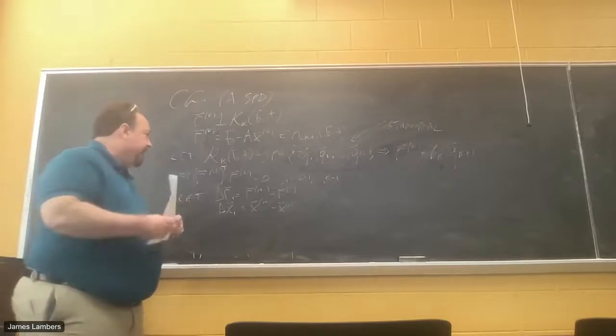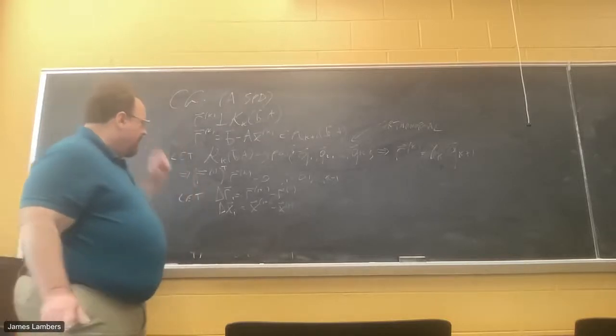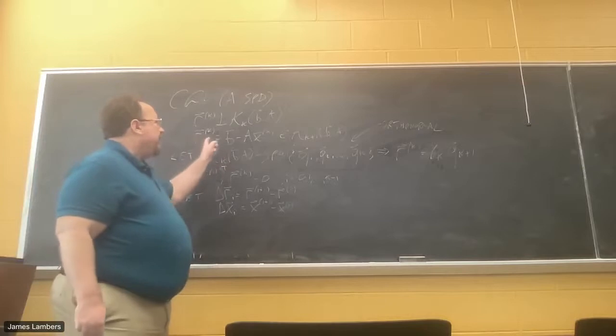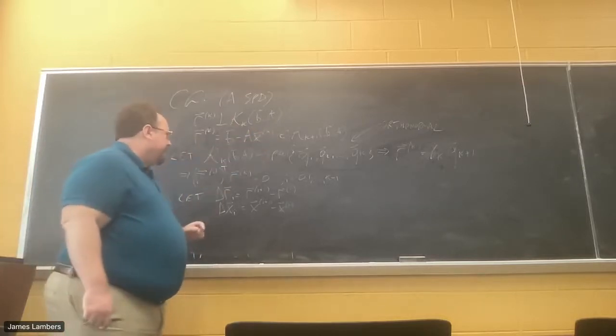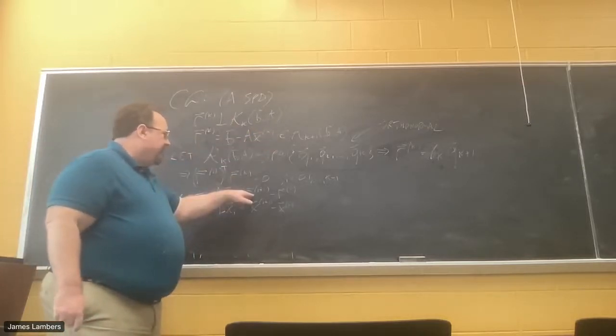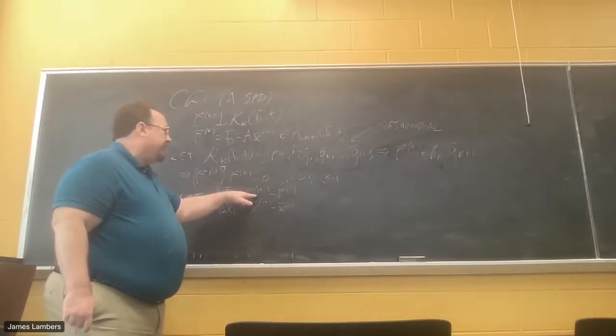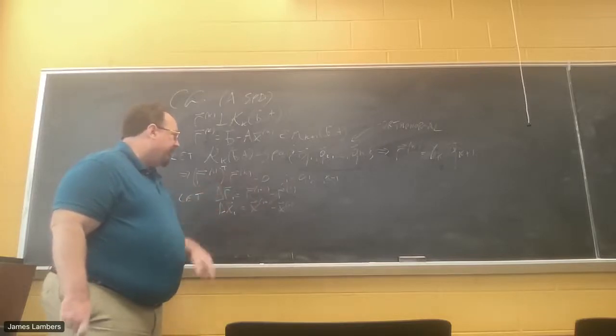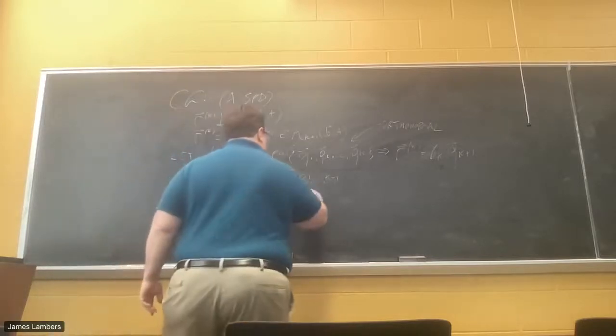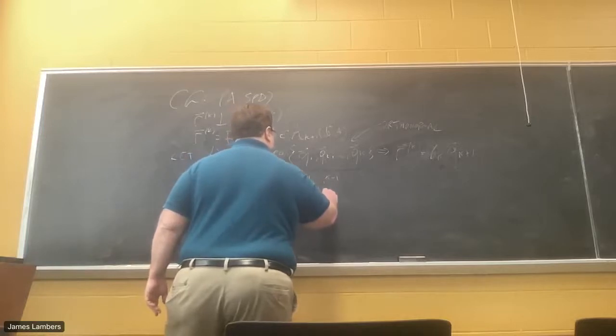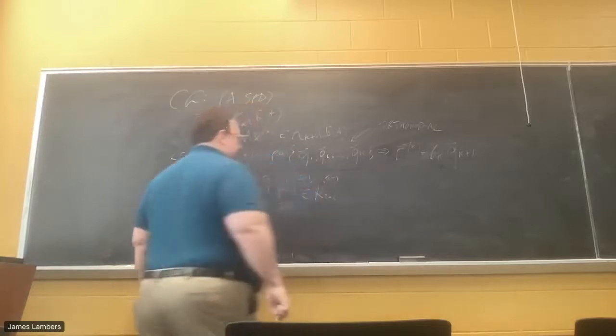Okay. Now, remember that RK is in Krylov subspace K plus 1. Well, this, therefore, must belong to a Krylov subspace of dimension i plus 2. So it's always one more than the index. So this vector belongs to Krylov subspace i plus 2.